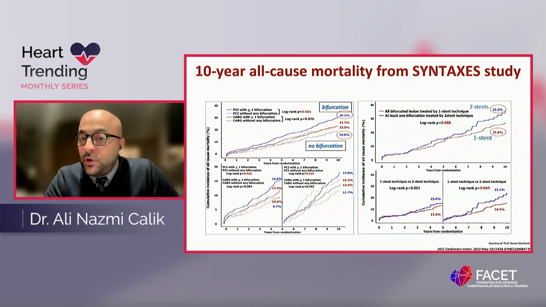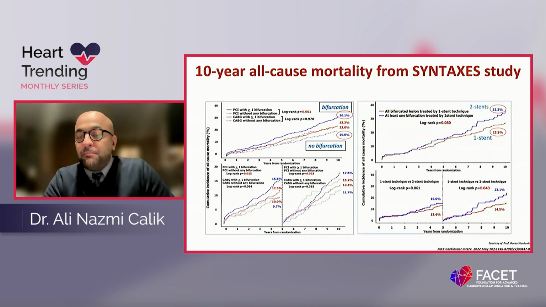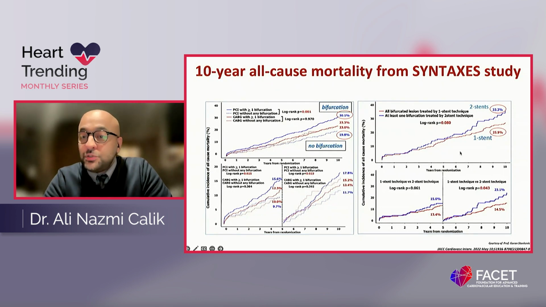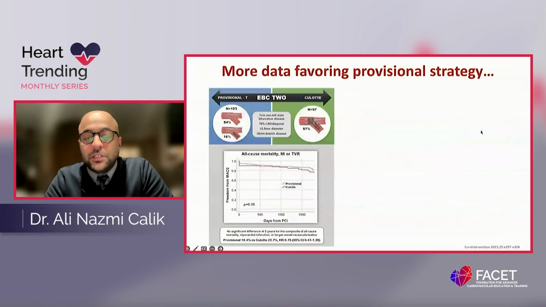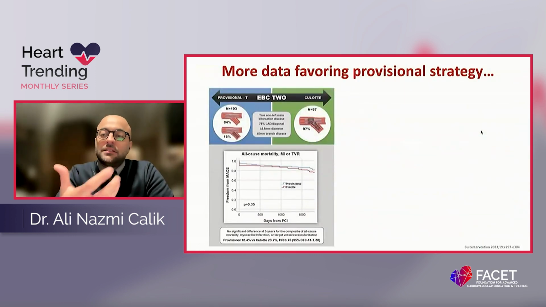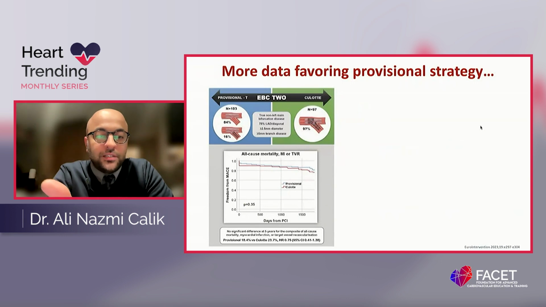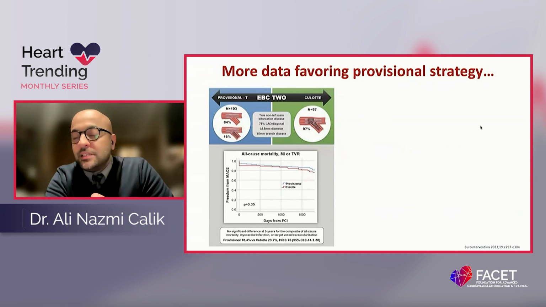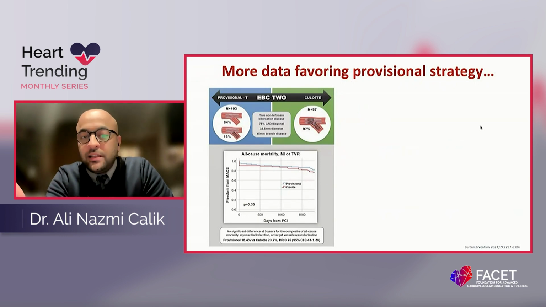Furthermore, if you treat all the bifurcation lesions with two stents instead of one stent, you numerically increase the mortality. This is really important. The recent evidence in 2023 supported these findings, Chadi.